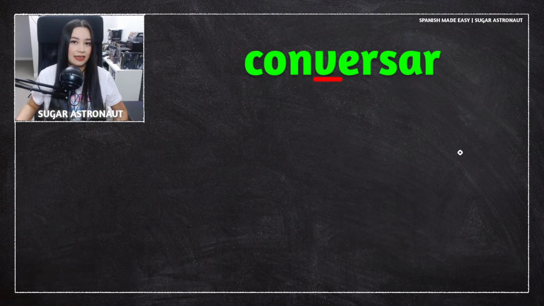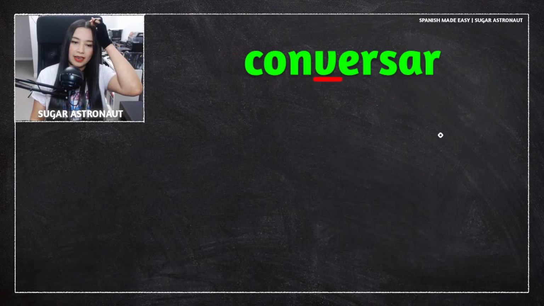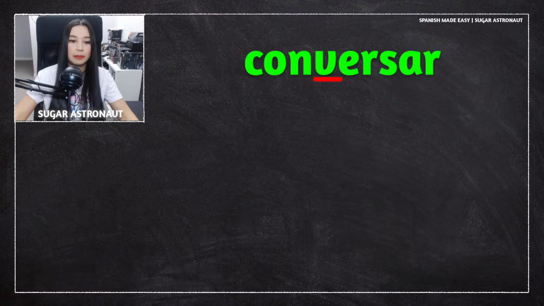Obviously, you can pronounce it as V as in Victor. Spanish speakers will understand you just fine, but pretty much all Spanish speakers say B as in bell. The name of the letter is V, but the sound is similar to B as in bell, okay? So please just remember that.